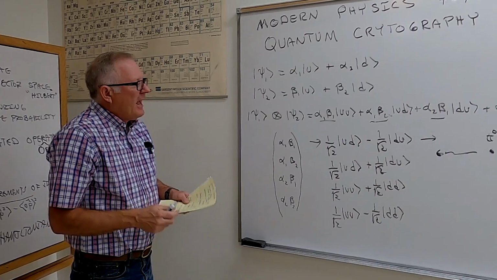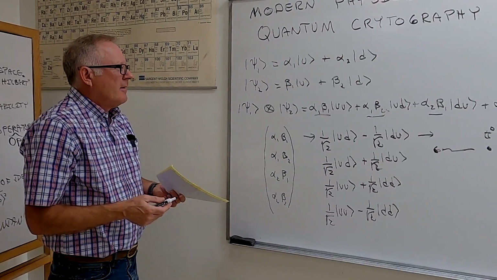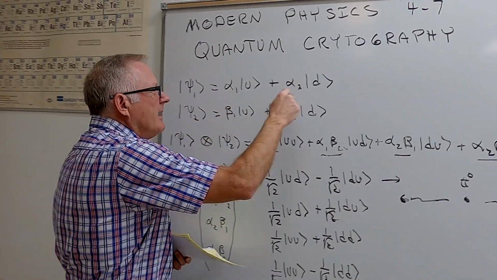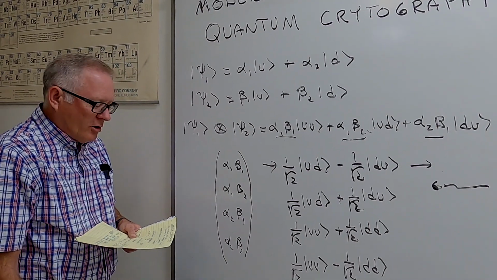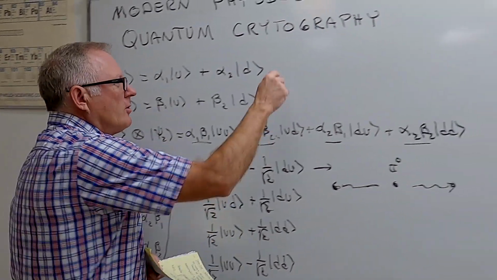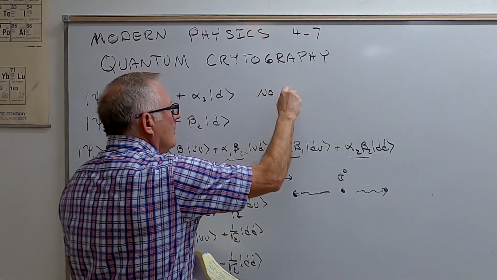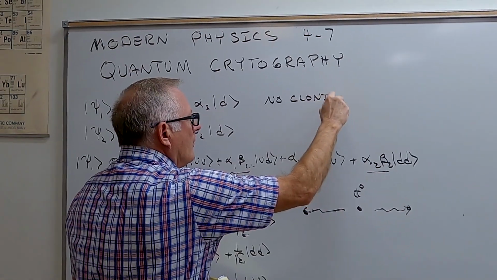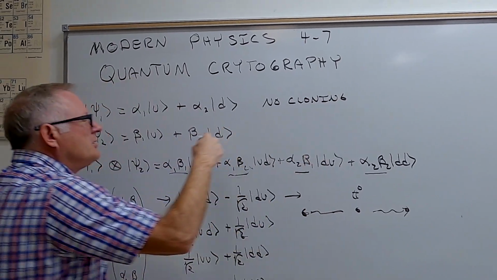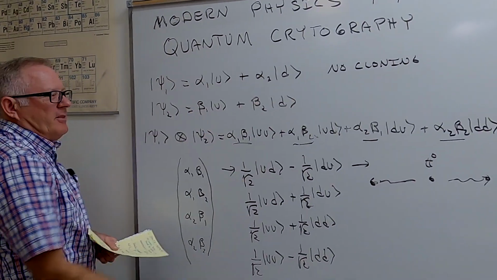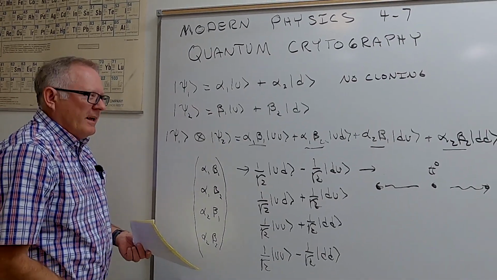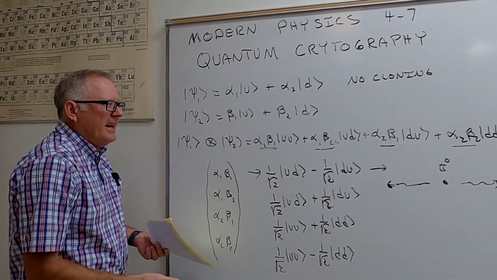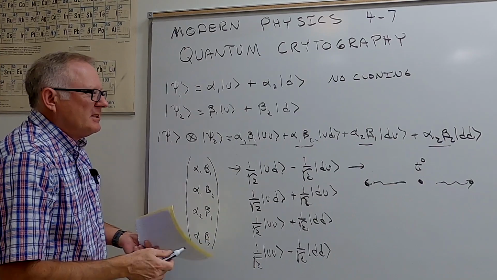Okay. And there's something else in here about states like this. There's a theorem that came up in the 1980s, called the no cloning theorem. No cloning, which means you cannot make a copy of this right here. You cannot record it. It's not like regular data. You can record as many copies as you want.